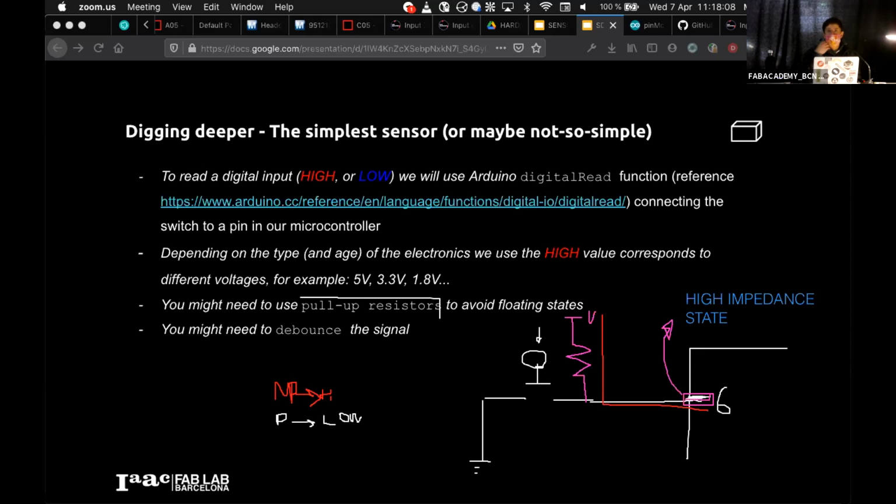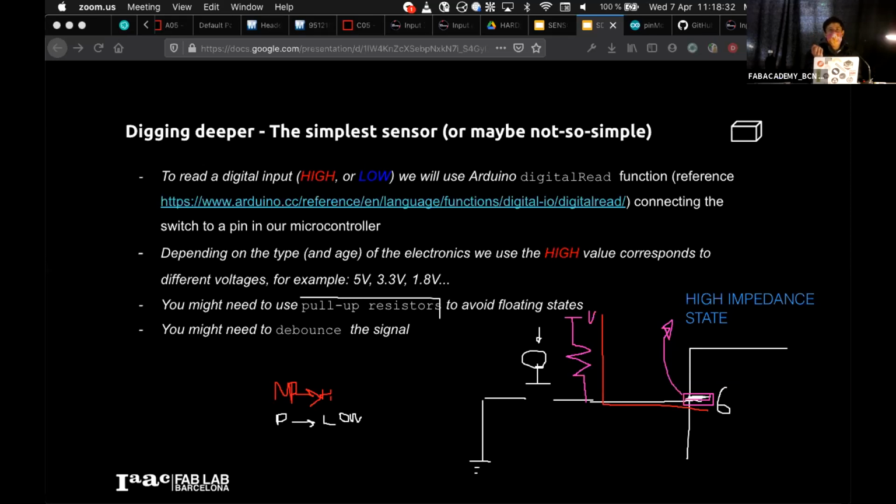Pull-up resistor or pull-down resistor, it doesn't matter. Either pulls up or pulls down. But the idea is that whenever we have a digital input, the microcontroller sets that pin in what we technically call a high impedance state, which means the pin is going to be oscillating if we leave it in open air.